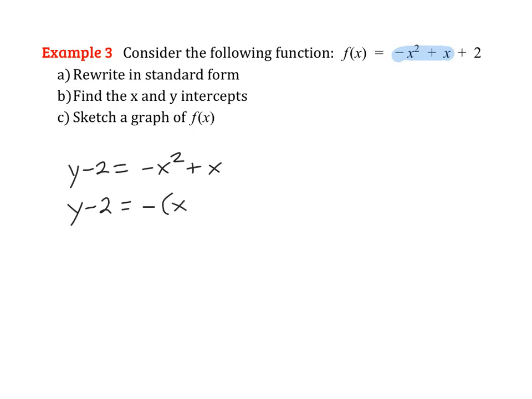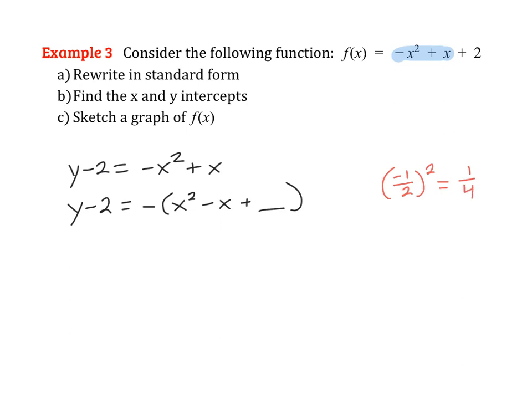So I have negative x squared minus x, and then I'm going to leave a space for where I'm going to complete the square. Now this one is a little bit trickier because we have a b value that is odd. So if I use my formula, I have negative 1 over 2 squared, which becomes positive 1 over 4.